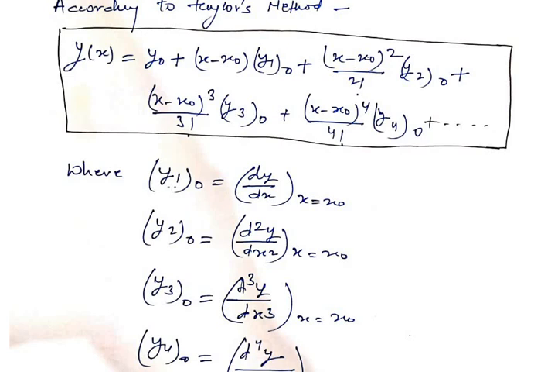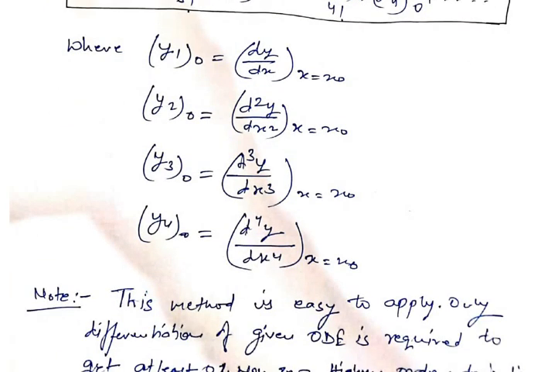It means y1 is the first order derivative at x equals x0, y2 is the second order derivative d2y by dx2 at x equals x0, y3 is the third order derivative d3y by dx3 at x equals x0, and y4 means d4y upon dx4, the fourth order derivative at x equals x0.